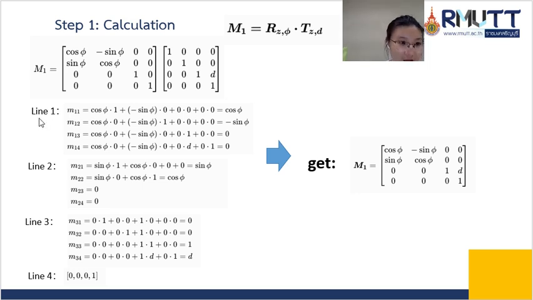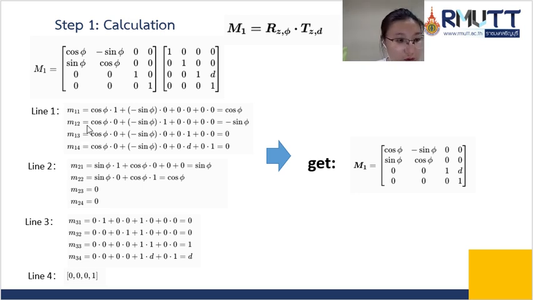The line 1, M11 equals cosine phi times 1 plus negative sine phi times 0 plus 0 times 0 plus 0 times 0 equals cosine phi.